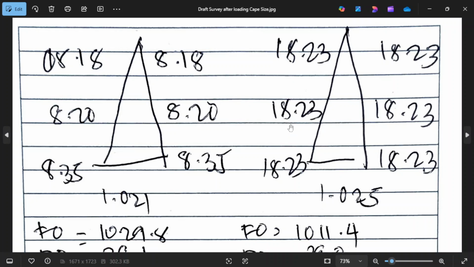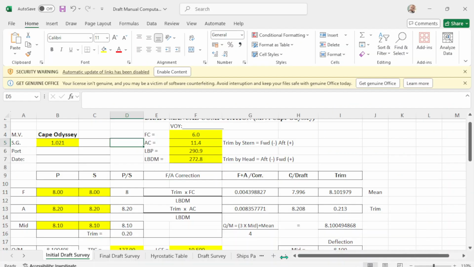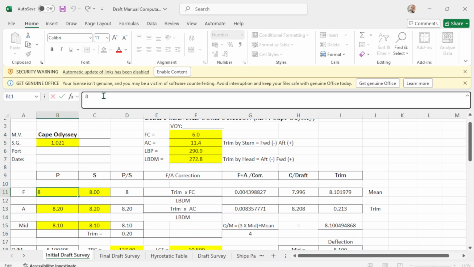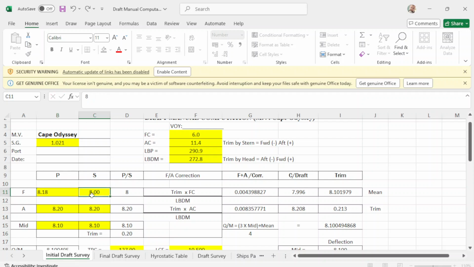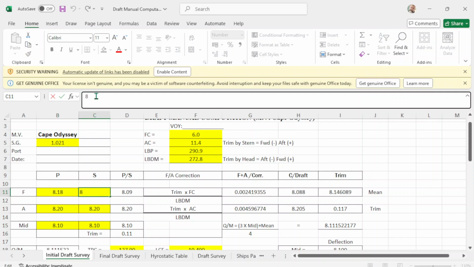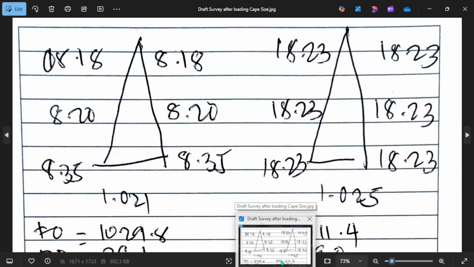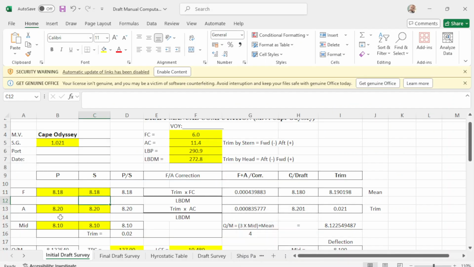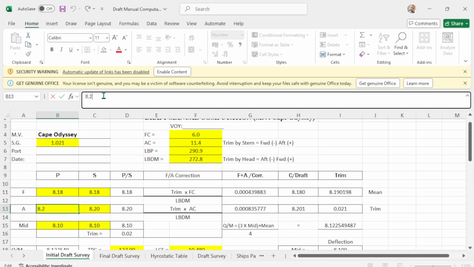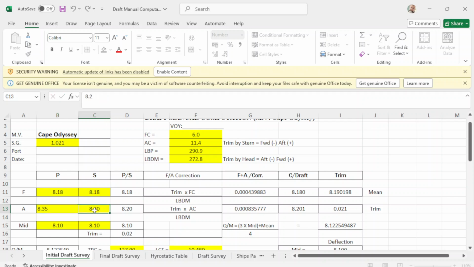So we'll just input this, guys, in the initial draft survey. Forward is 8.18 for port and starboard.